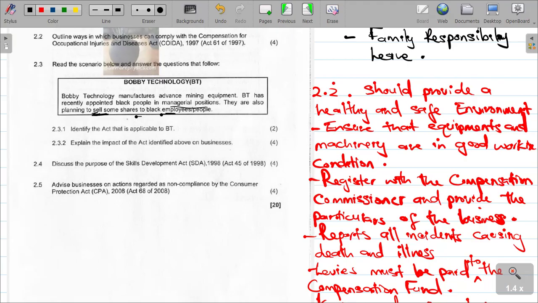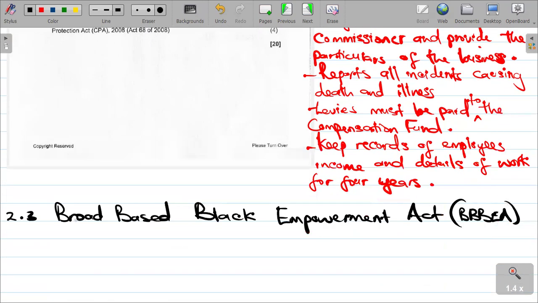This will explain the impact of the BBBEE Act.